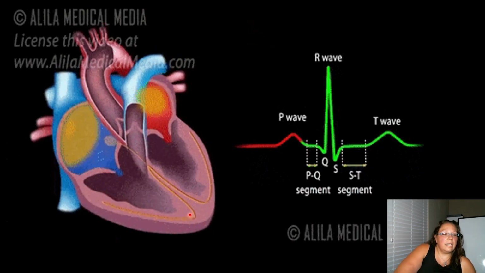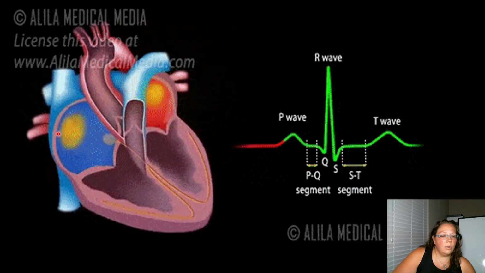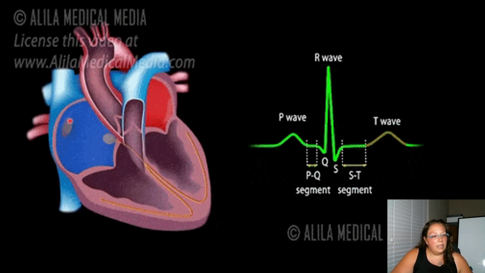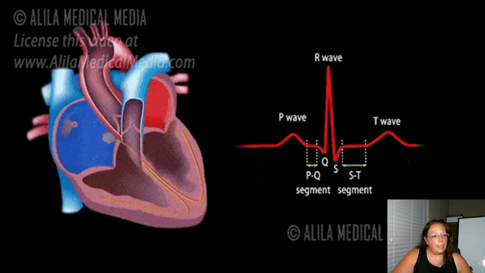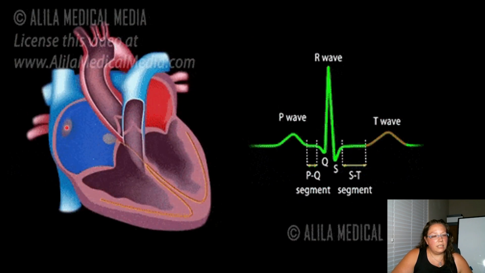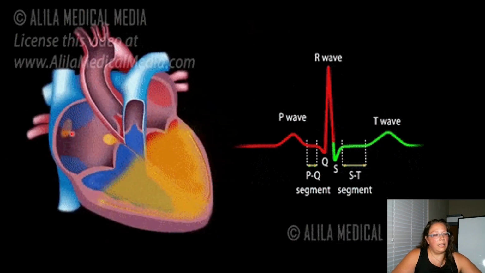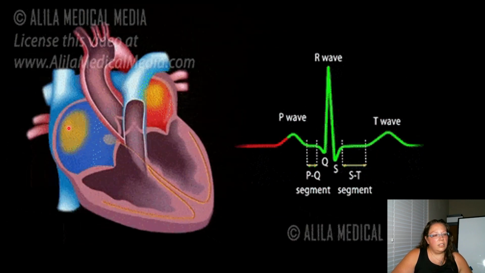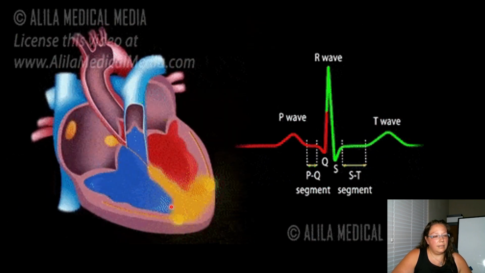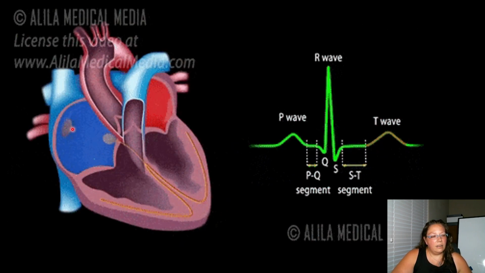So what does this look like? As you can see, we're going to go slowly through this heart. Here's the SA node up here. It pushes the electrical activity, so this is depolarization with the P wave. It causes the atria to contract. It pushes the blood into the ventricles here.